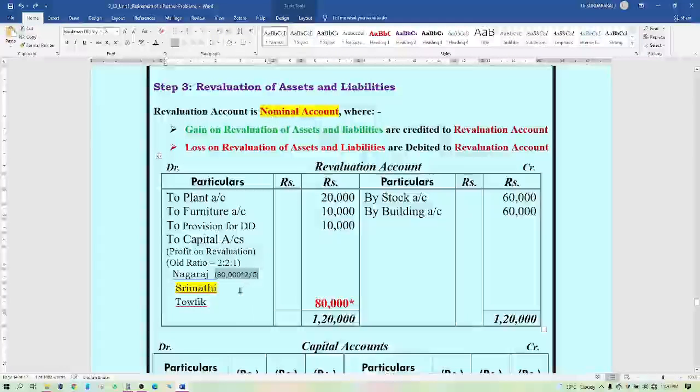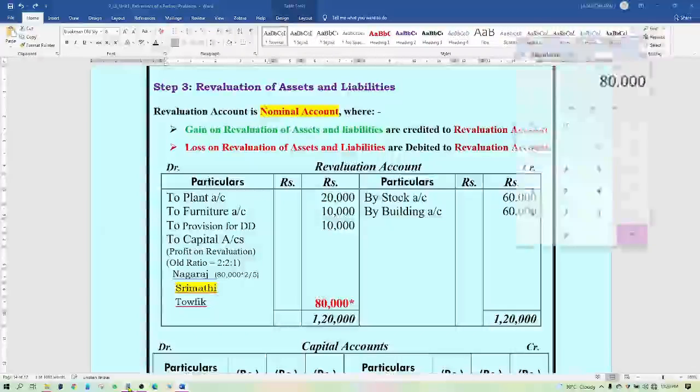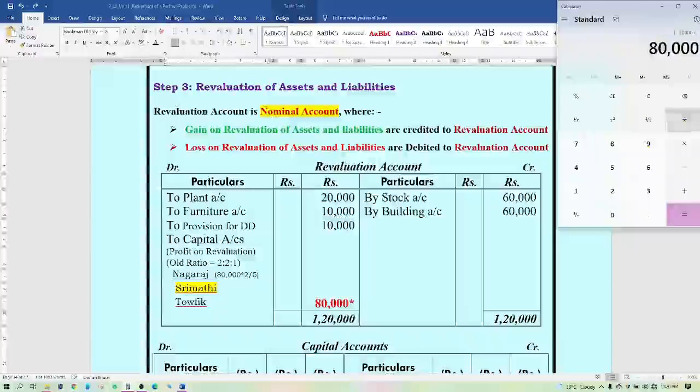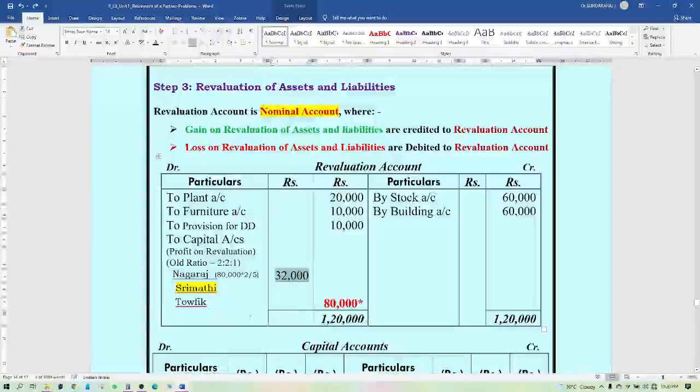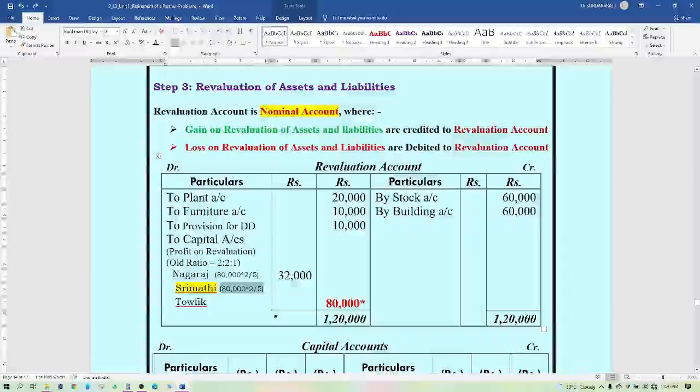That means 80,000 into 2 by 5, that means 32,000 rupees for Nagaraj. In the same way, Srimati, 80,000 into 2 by 5, 32,000 rupees.